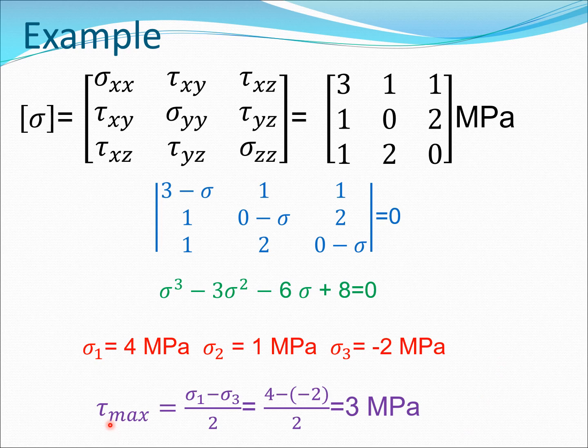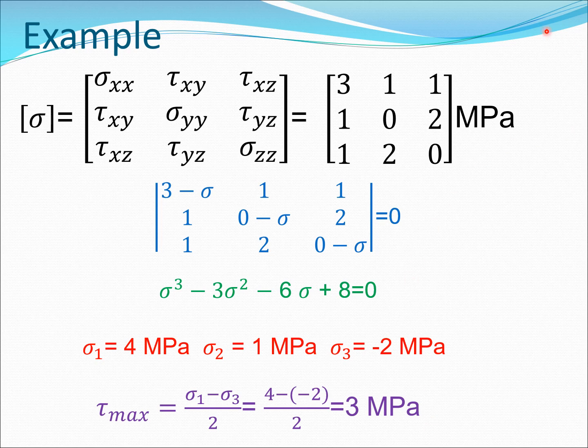And once you do that, you can calculate the value of the maximum shear stress at that point. That would be (sigma 1 minus sigma 3) by 2. So in this case, that's going to become 4 minus minus 2, because sigma 1 was 4 and sigma 3 is minus 2. And so this is going to give us 4 plus 2, that is 6 divided by 2, which is 3 megapascal. So that's the maximum shear stress at a given point.